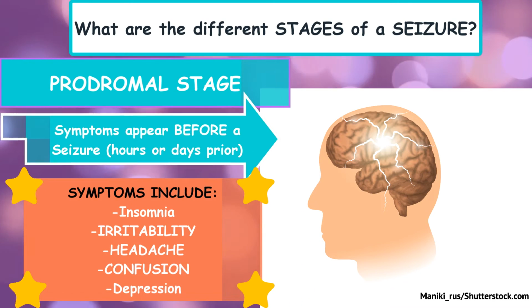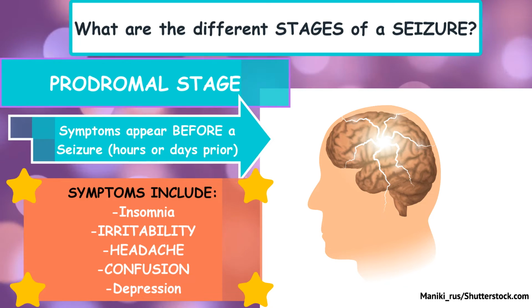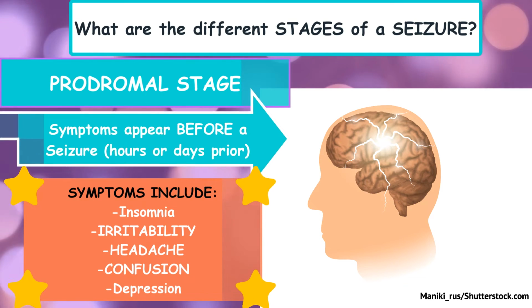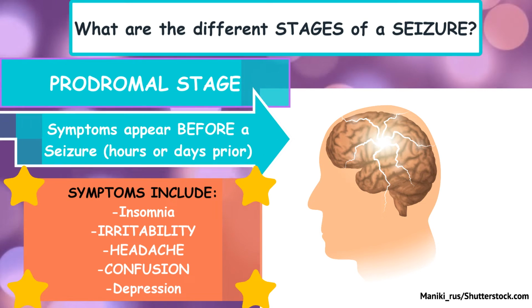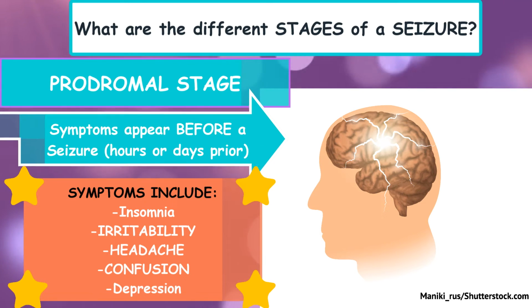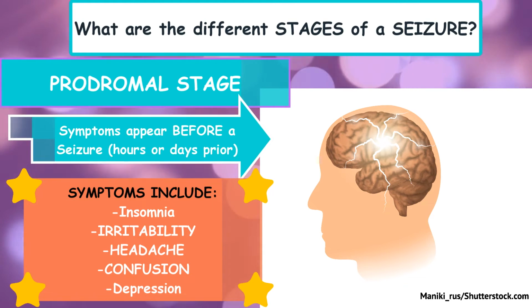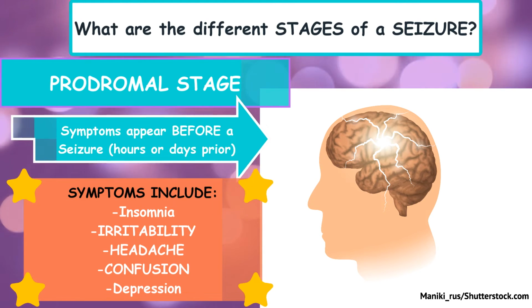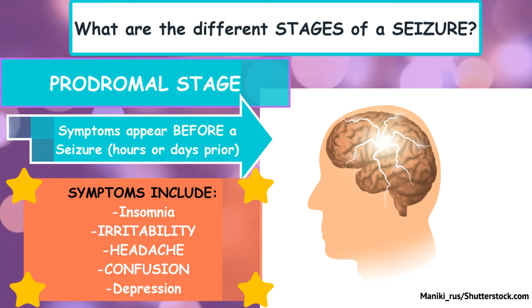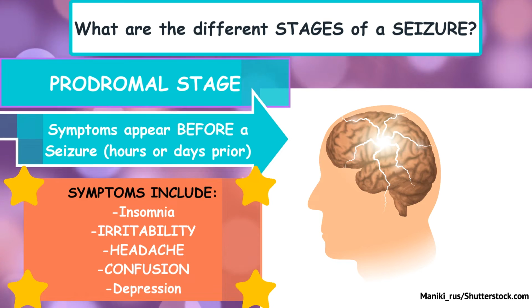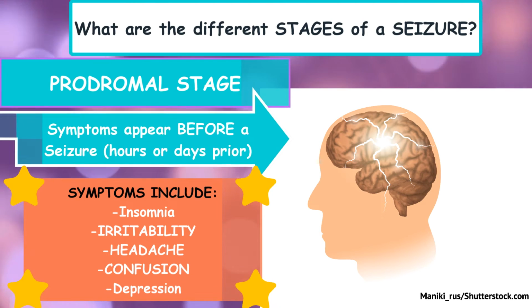About 20% of individuals that experience a seizure go through a prodromal phase. This is a subjective feeling or sensation that can occur several hours or even days before the actual seizure. Remember, this happens before the seizure. The most common symptoms of a prodromal phase include confusion, anxiety, irritability, headache, a tremor, and anger or other mood disturbances.